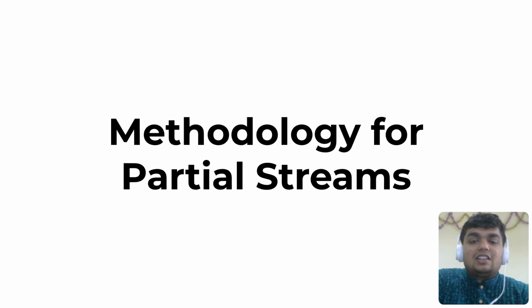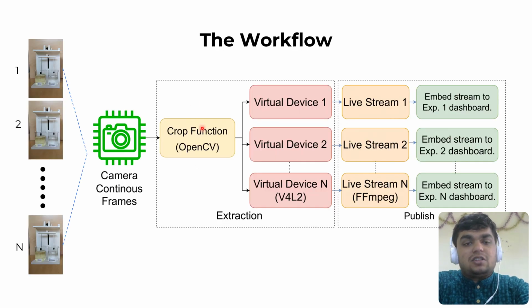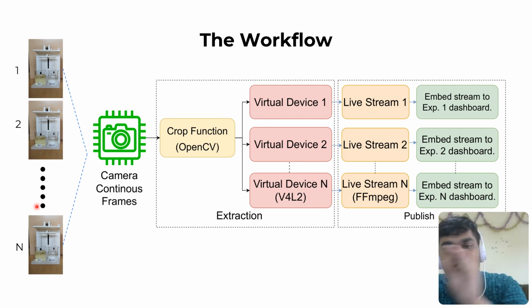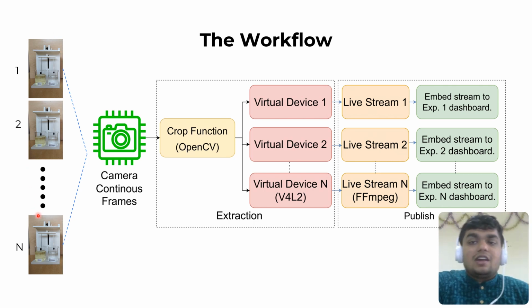Let us look at the methodology for partial streams. Let us consider that there are n setups kept in front of the camera. Then the camera captures the view and the frame is then passed through the crop function. The n subframes so obtained are pushed to n virtual video streaming devices generated using Video for Linux 2.0.